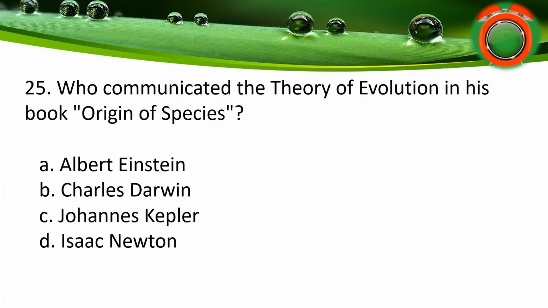Who communicated the theory of evolution in his book, Origin of Species? A. Albert Einstein. B. Charles Darwin. C. Johannes Kepler. D. Isaac Newton.